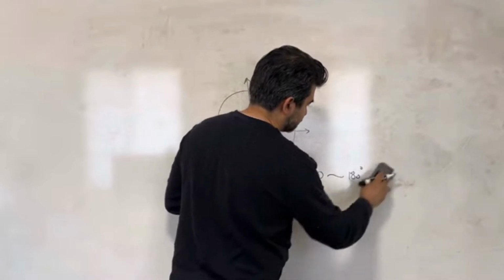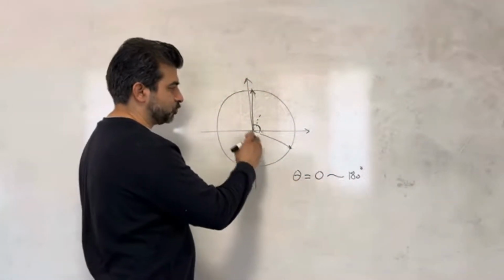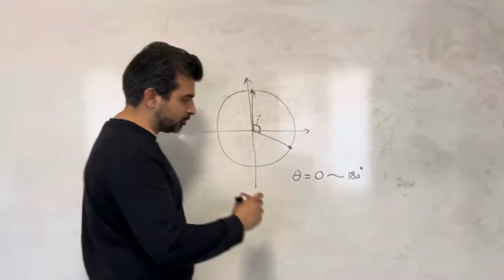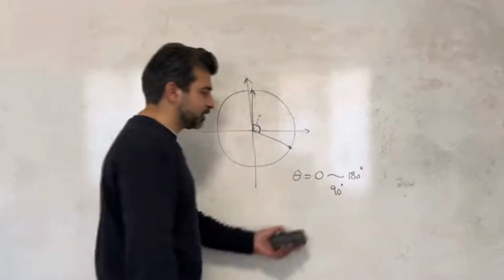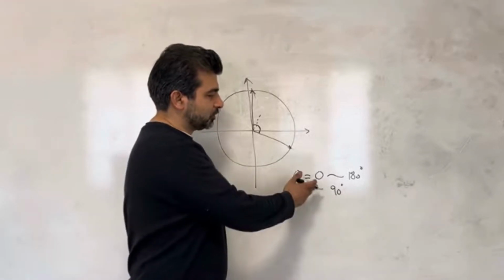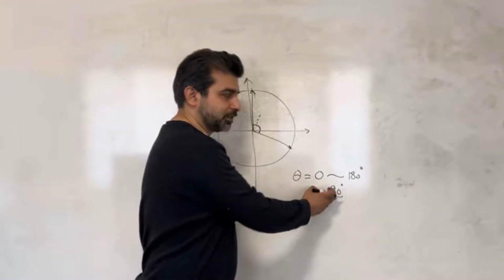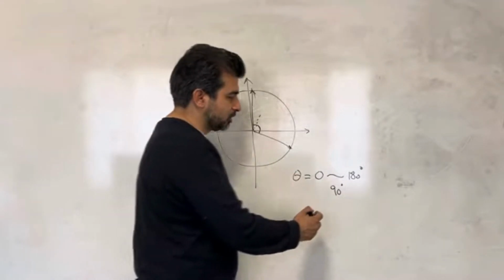But for two pieces of information to be completely independent, this has to be exactly 90 degrees. Even if we tolerate a little bit of noise and say, you know what, we don't need exactly 90 degrees, maybe we can tolerate a few degrees here and there.